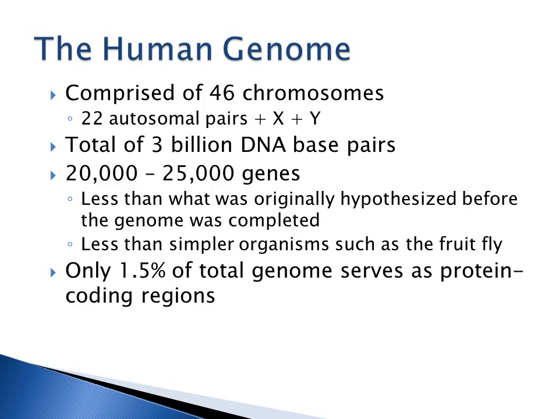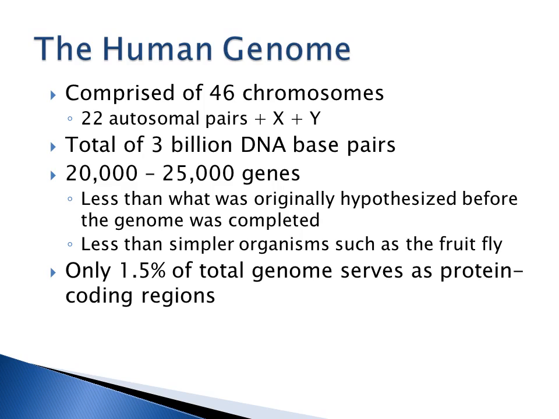So the human genome is comprised of 46 chromosomes. There are 22 autosomal pairs, which make up the 44 chromosomes, plus your sex chromosomes, which are your X chromosome and your Y chromosome. There's a total of 3 billion base pairs in the human genome.